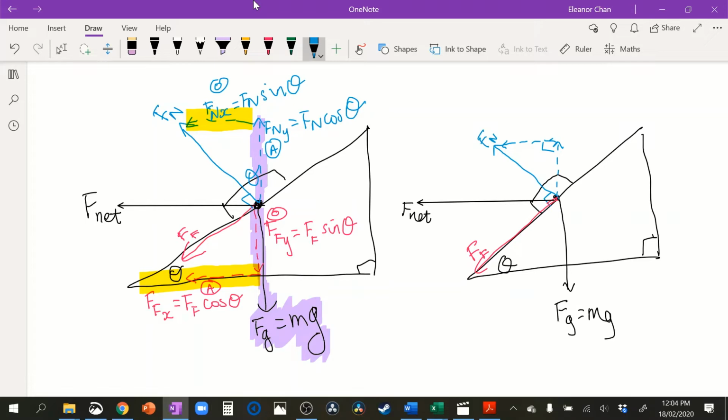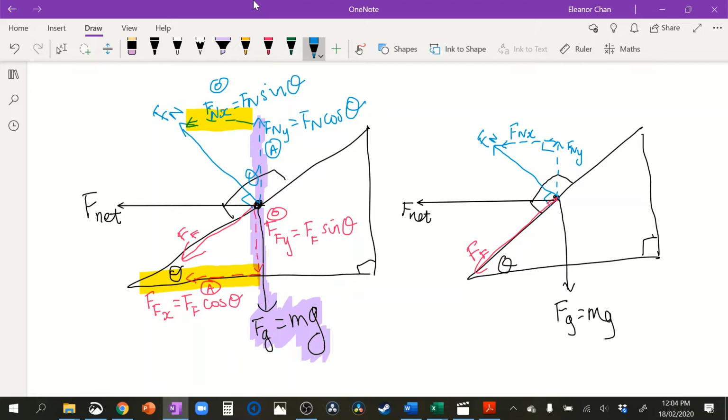Now, the vertical is the y. We're going to denote it. Vertical is y, x is going to be the horizontal, and that's going to be Fn in the y direction, okay? And then in the x direction, we've got Fn in the x direction. We can use trigonometry to actually calculate that, and we're going to calculate that later.